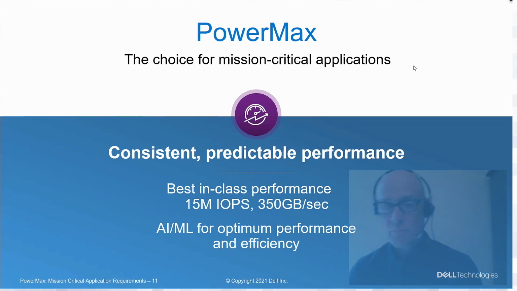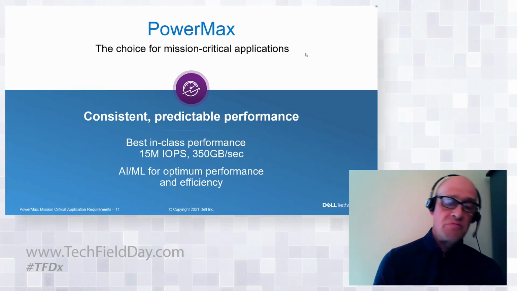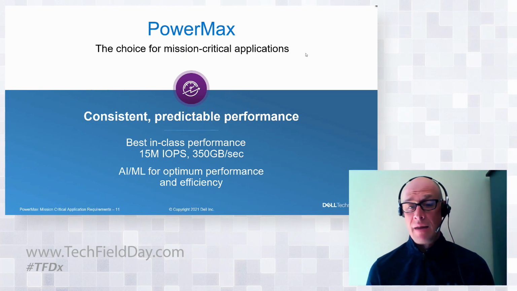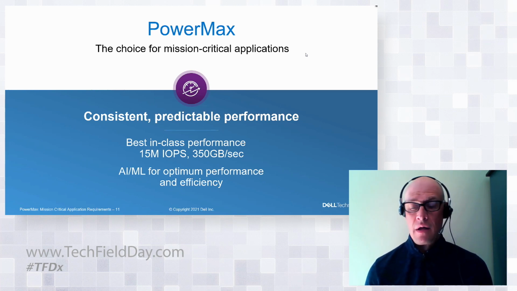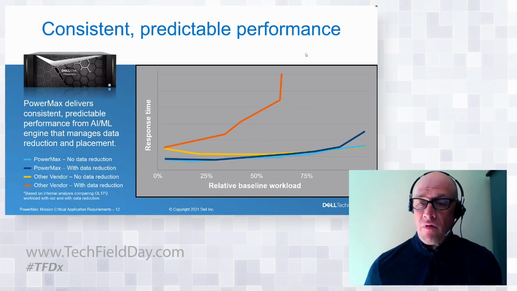When we talk about consistent, predictable performance, to Ray's point, we talked about highest response times, talked about best-in-class and highest levels of IOPS and bandwidth. What we realized was we needed to integrate an artificial intelligence machine learning engine to optimize both the performance and the capacity efficiencies of the modern all-flash arrays. Let's look a little bit more into what we mean by consistent, predictable performance.